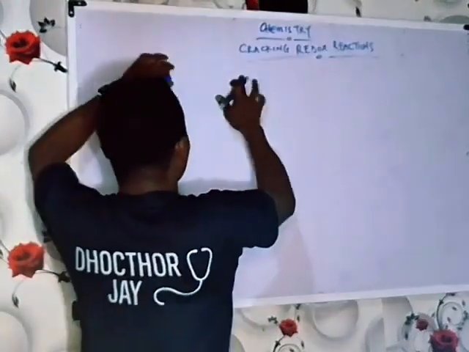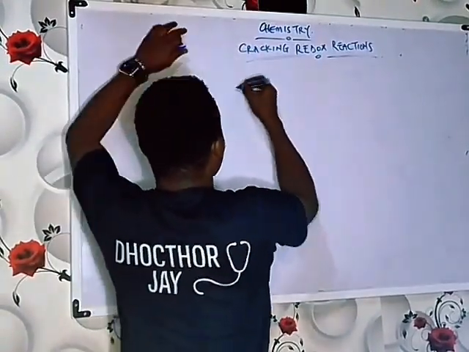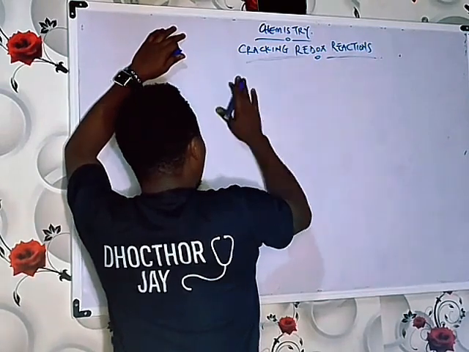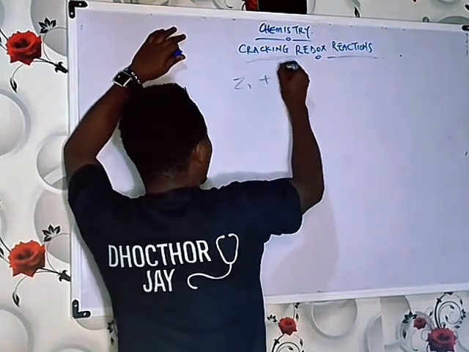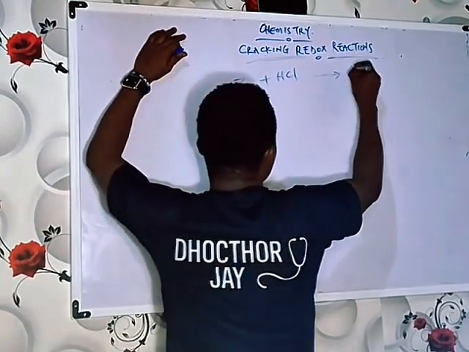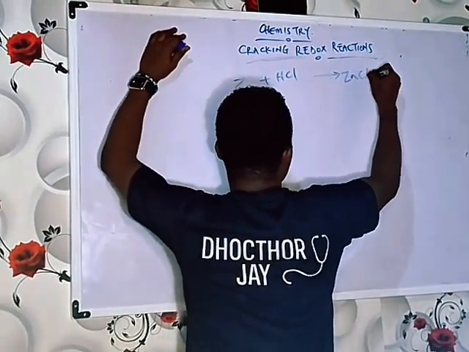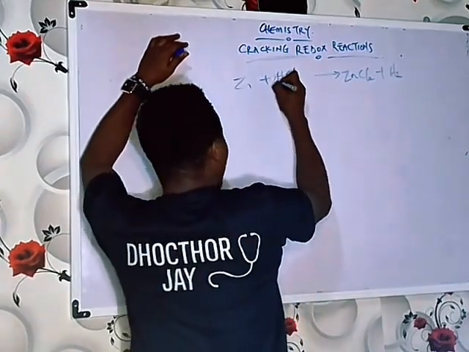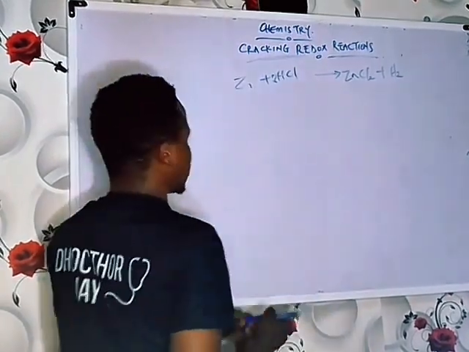So let's start with the first example. Let me say I have zinc plus HCl to give me ZnCl2 plus H2. If I balance this, I'm going to get it like this.